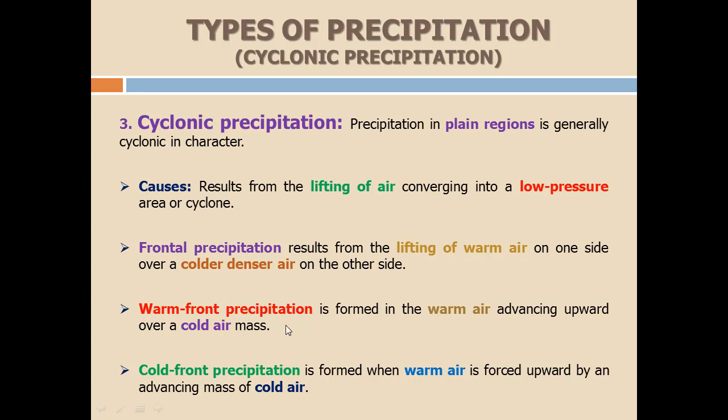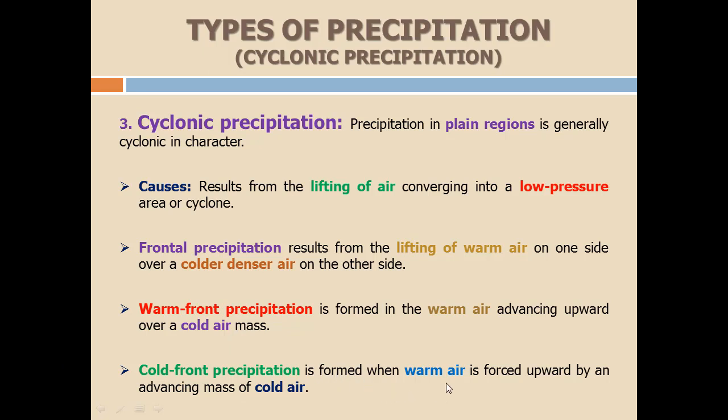So in one situation, if warm front movement occurs, then the precipitation is known as warm front precipitation, and when the cold air moves, it is known as cold front precipitation. Warm front precipitation is formed when warm air advances upward over cold air masses.